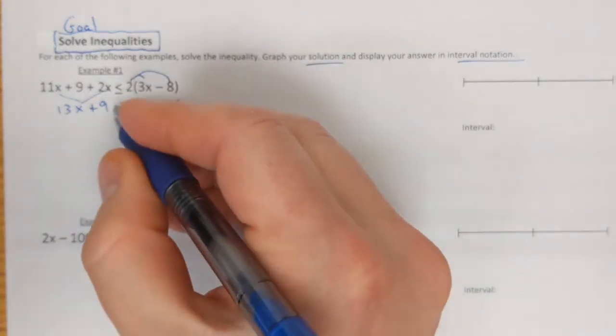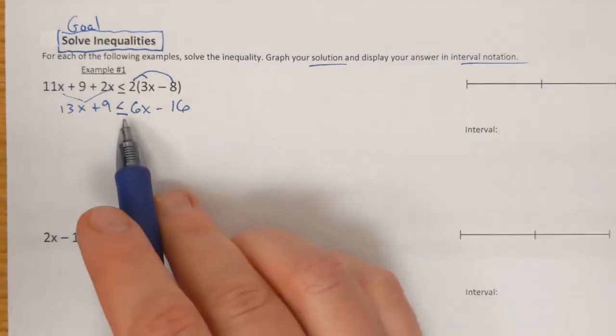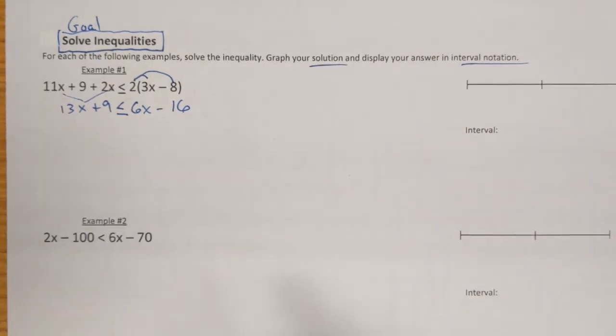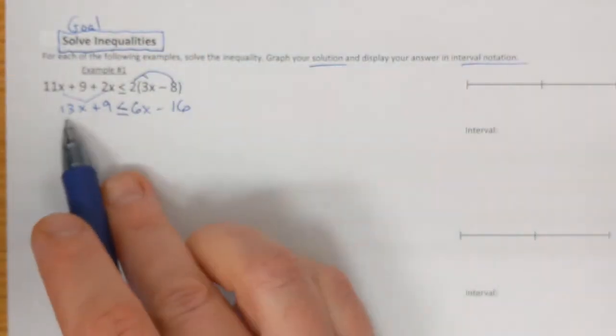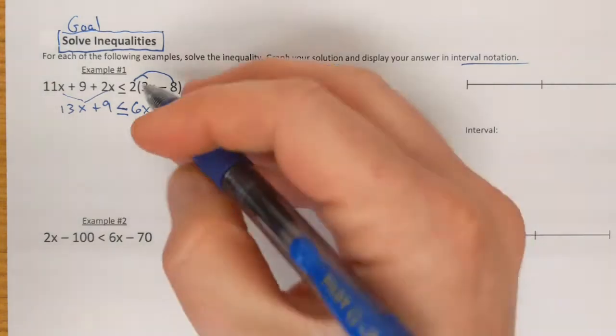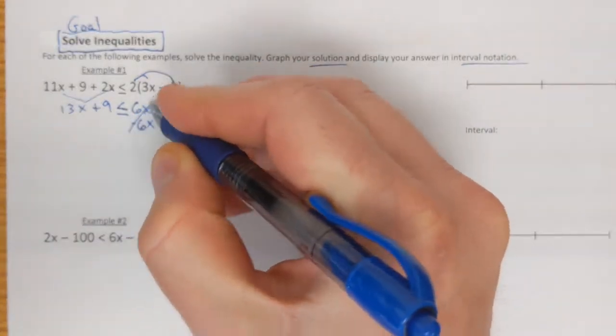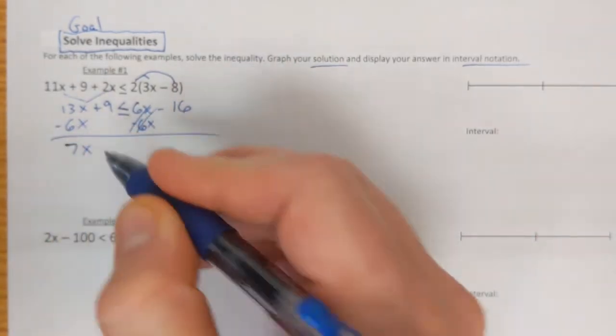And then instead of an equal sign, we have this less than or equal to sign. But for now, I'm just going to pretend like this is an equal sign, meaning I need to balance this equation. My 13x and my 6x are separated by the inequality, so I'm going to subtract the 6x over to the left and make this a 7x.